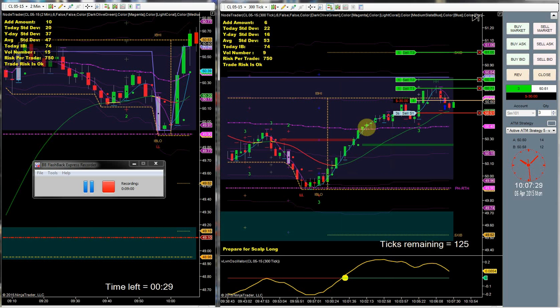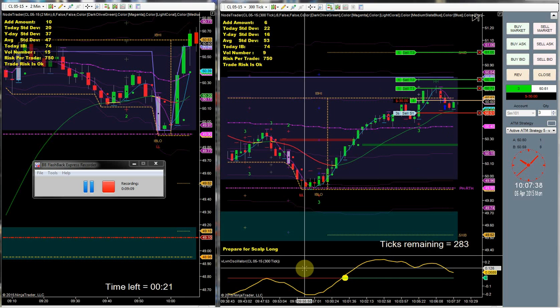I'm hoping that the market has a little bit more steam in it to get us up here to our first profit target. But if not, we only traded 3 contracts on this one.